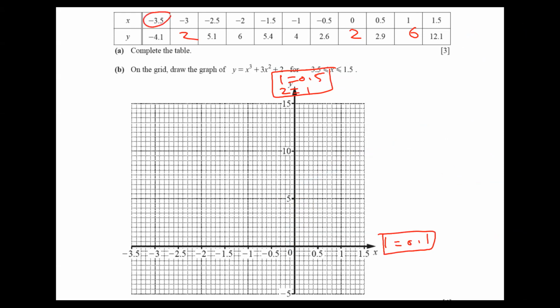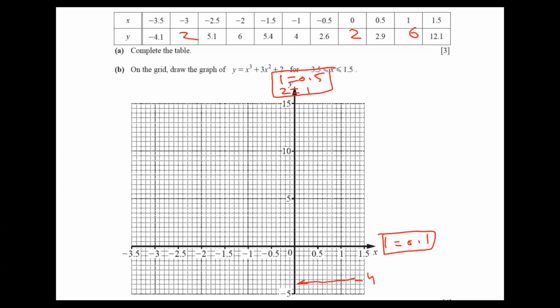So first, -3, -4.1. Make sure, especially these values that are not whole numbers create trouble for you. No problem. So -3.5 is here, and where is -4.1? Here you have to decide where that is, because 2 boxes is 1. So let's see here -5. Where is -4? 2 boxes up is -4. This is -4.